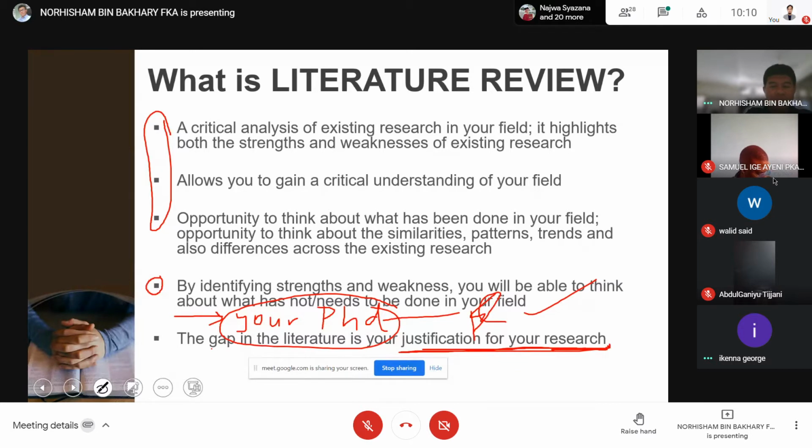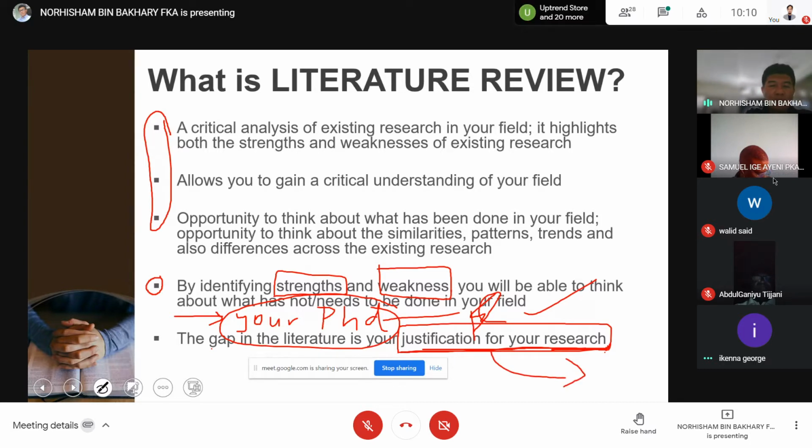So when you finish all these readings, you understand, you can critique, you can find the strengths of the journal paper and the weaknesses of the journal paper, and then only can you get the research gap.